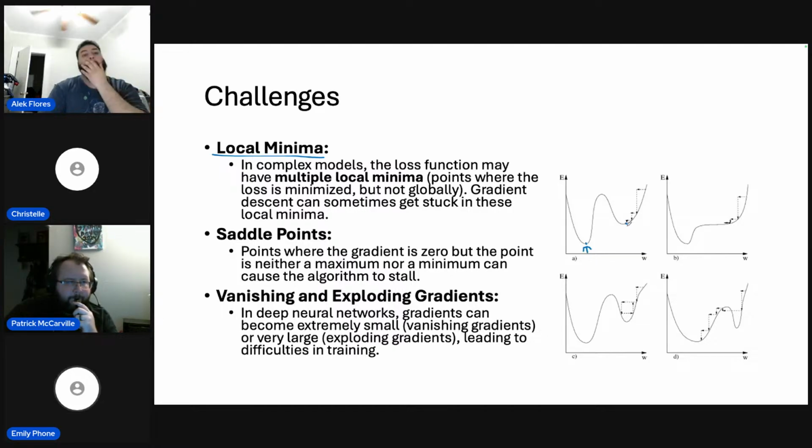Then there are also saddle points, where the gradient seems to be zero, so we keep taking infinitesimally small steps, or the algorithm stalls out. But if we applied other approaches or powered through that, we would have found this minimum here.